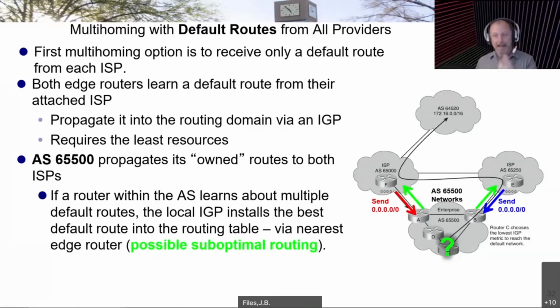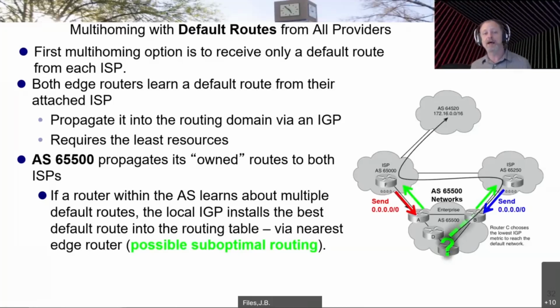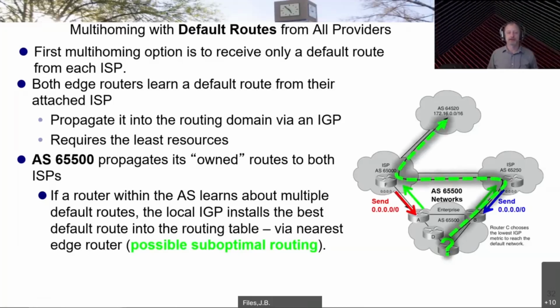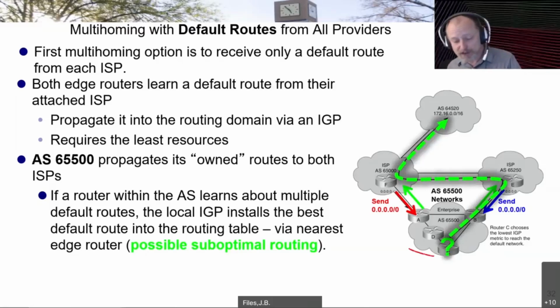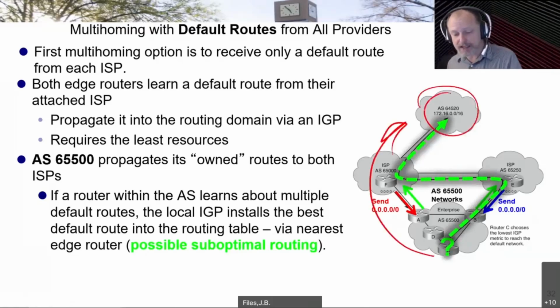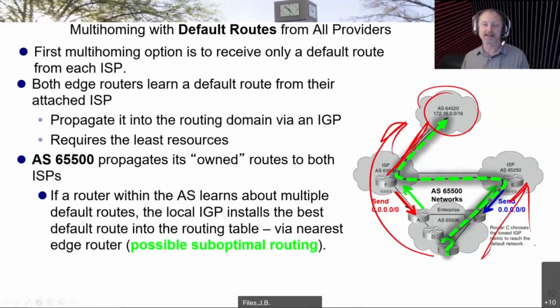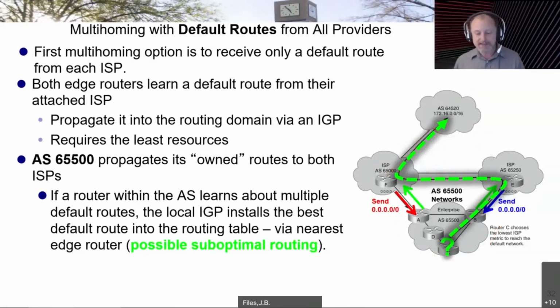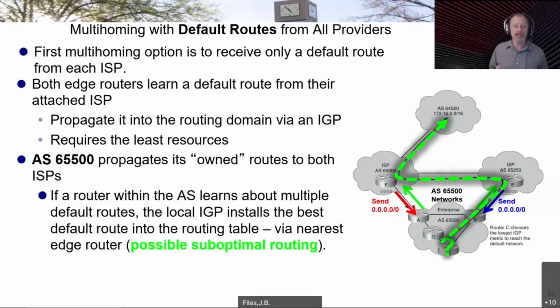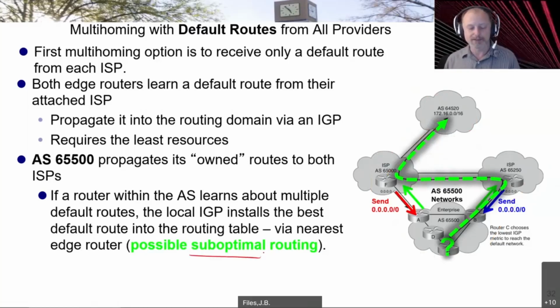Okay, and we may end up with suboptimal routing. Like we should have gone this way because this is connected, but we didn't. We happened to go that default route. So it's not that the packet won't reach there, it'll just be suboptimal.